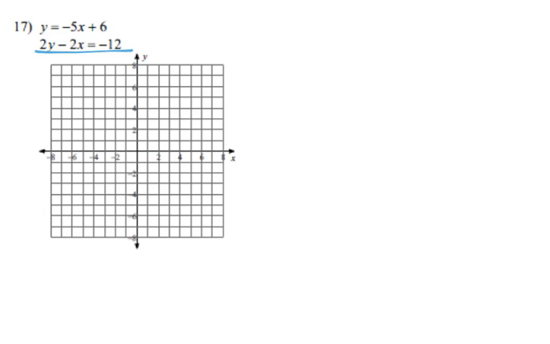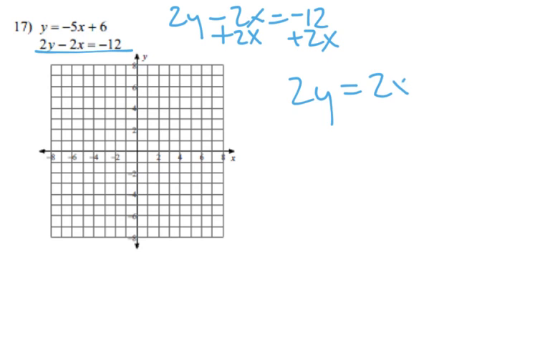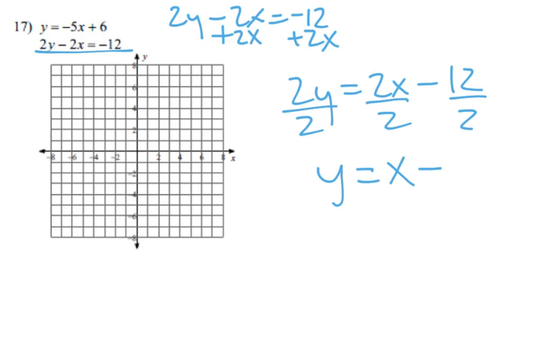Okay, so we'd add 2x to both sides, wouldn't we? Because it's minus 2x. So to get the x over, we add. So we get positive 2x minus 12, divide by 2, and we get y equals x minus 6. So down to negative 6, then up 1 over 1, because it's x.